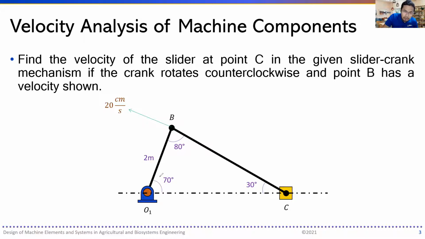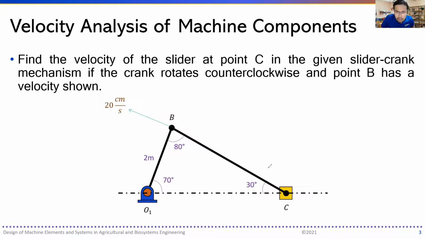You can easily compute the angular velocity of this crank O1B with respect to the pin at O1. Now, what we do not know is the velocity of this link BC, and this is the slider. Although we know that this slider is advancing to this position because the crank is rotating this way.